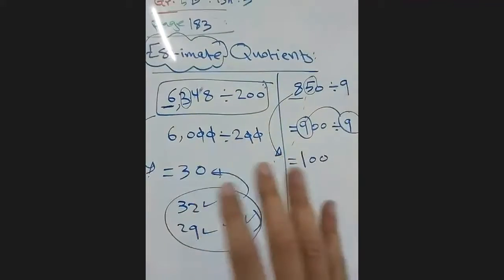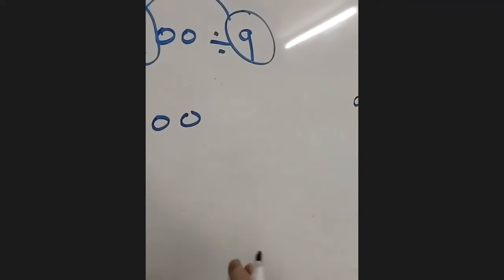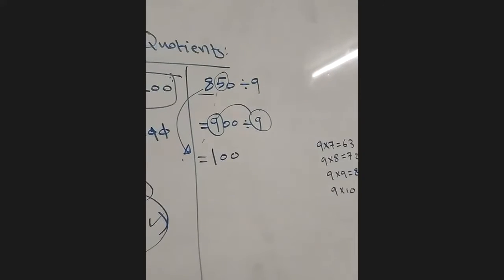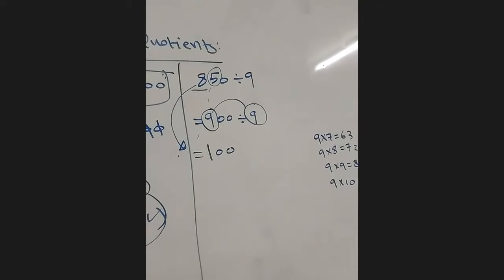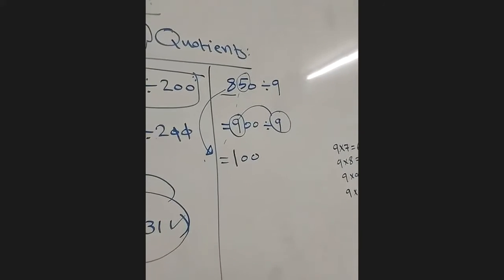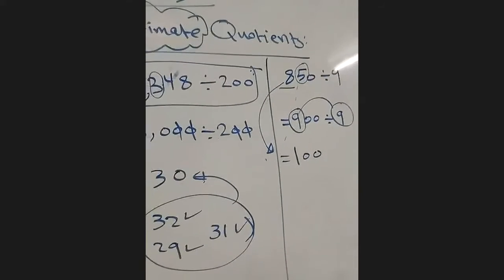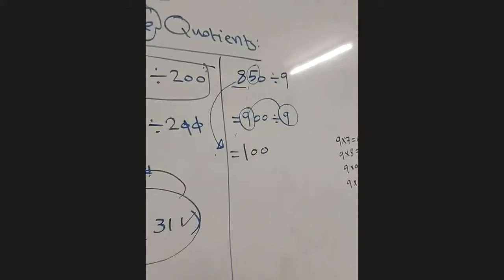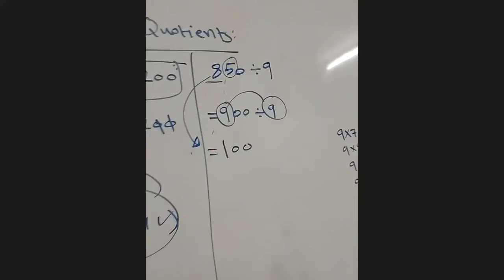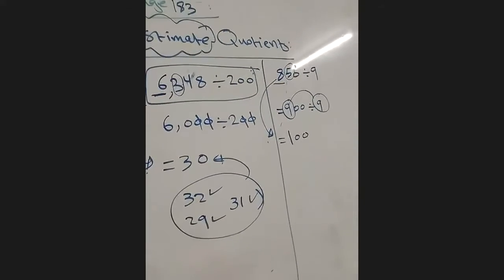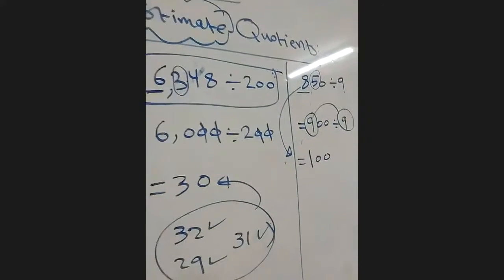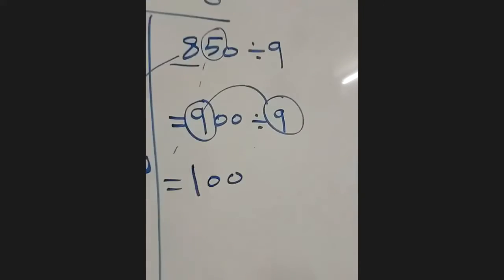But if the question wants you to divide normally, we will use division patterns, long division with 2-digit dividends, or later on 3 digits and 4 digits, and later on in grade 6, inshallah, you will learn how to divide any number of digits by any number of digits. So when we do this idea, guys, the question wants you to estimate only.